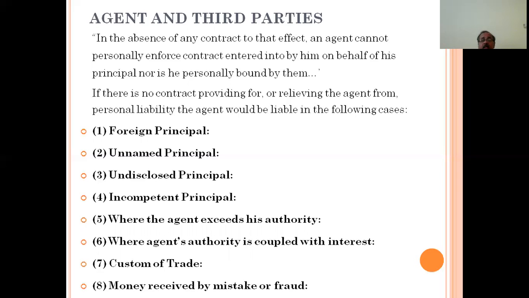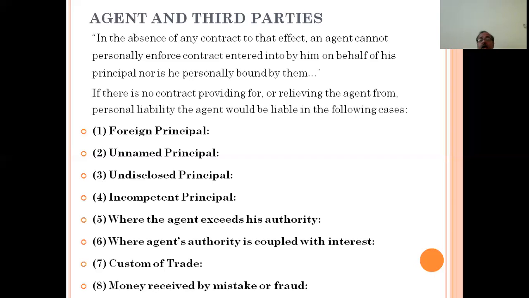Incompetent principal. Suppose we are acting for an incompetent principal. Incompetent means below the age of 18, that means a minor, or an unsound or incompetent person. So suppose we are acting as an agent of a minor or of a lunatic or any unsound person.